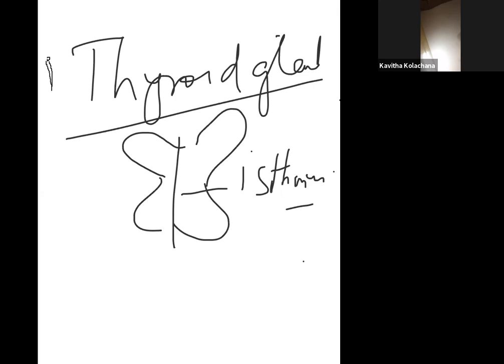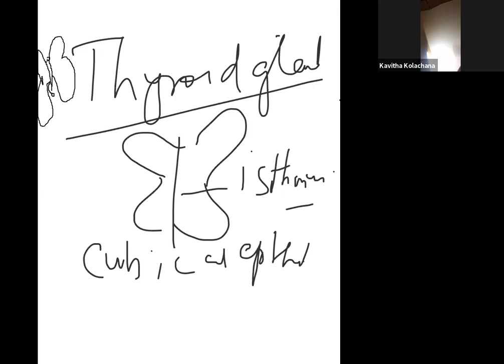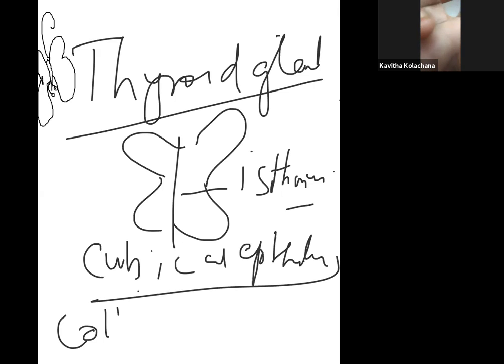When you look at a thyroid gland, it shows a lot of thyroid follicles, made up of cubical epithelium. Under a microscope, you see cubical epithelial cells filled with a special colloid material.